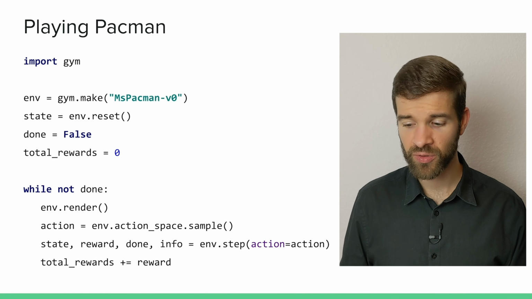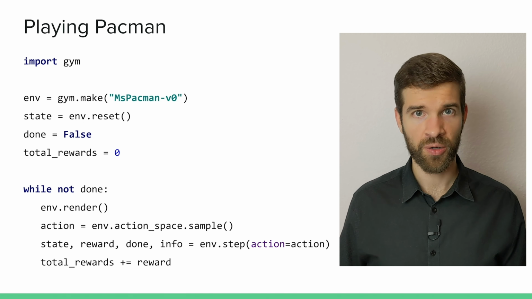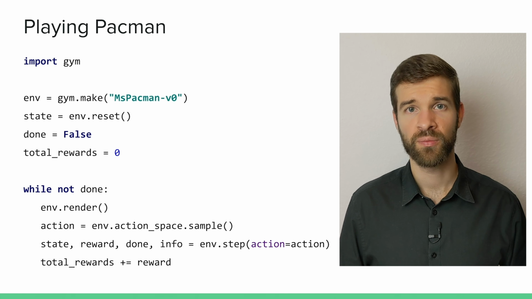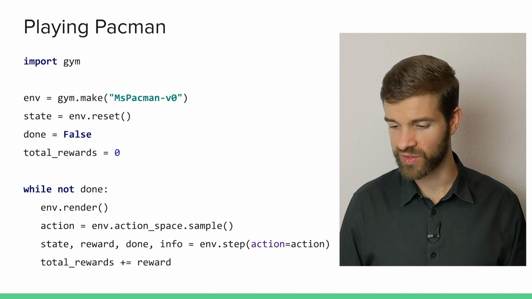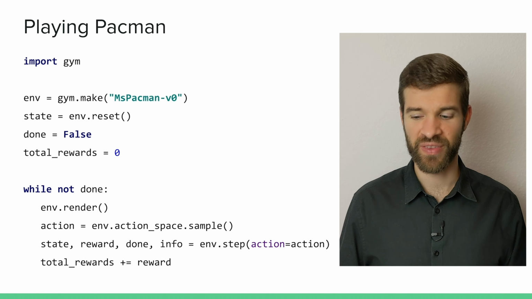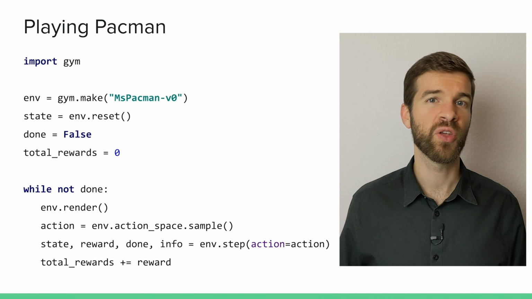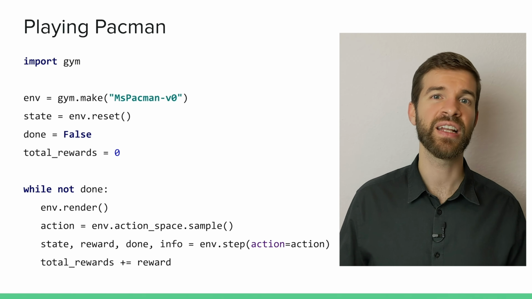And then we sample from our action space. Our action space is all of the actions that we can take, like go left, go right, up, down, or stand still, if that is also possible. The easiest way to play here is just to take a random action. So we sample from those possible actions, and then we apply that action in our environment.